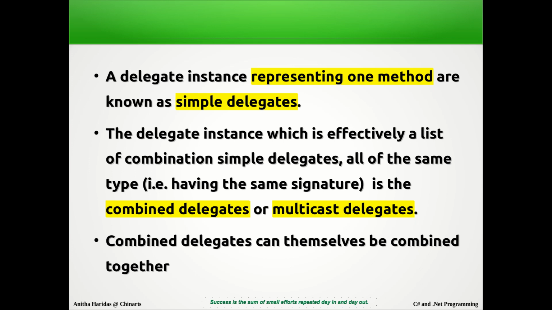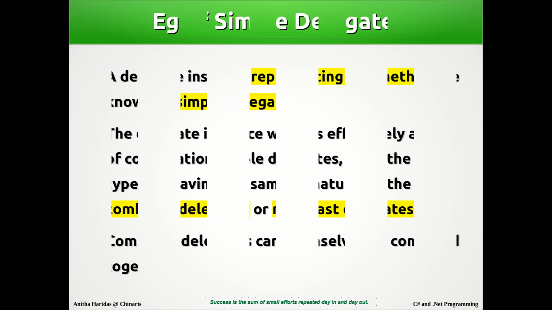Those kinds of delegates are called multicast delegates. So in simple words, if a delegate instance is pointing to only one method, it is called a simple delegate. If a delegate instance is pointing to a combination of simple delegates, then it is called a multicast delegate.